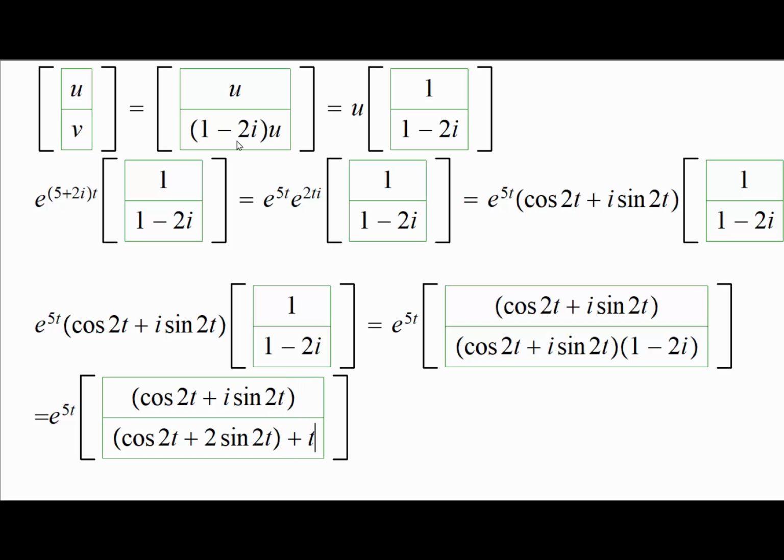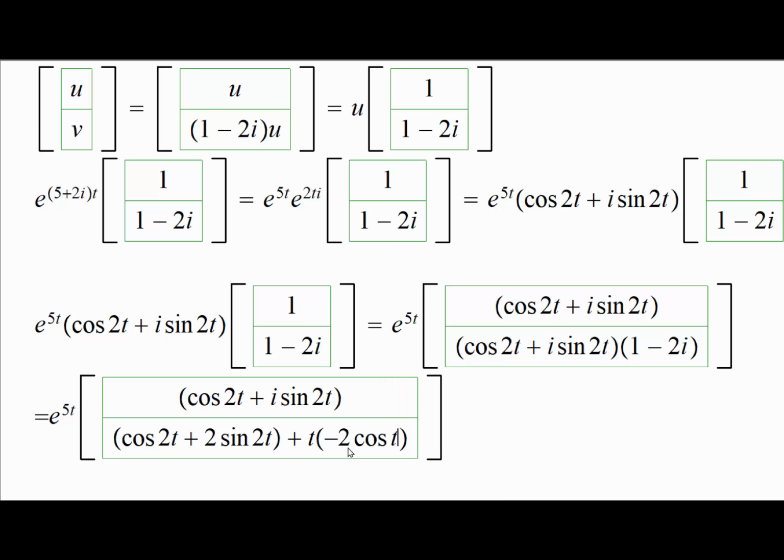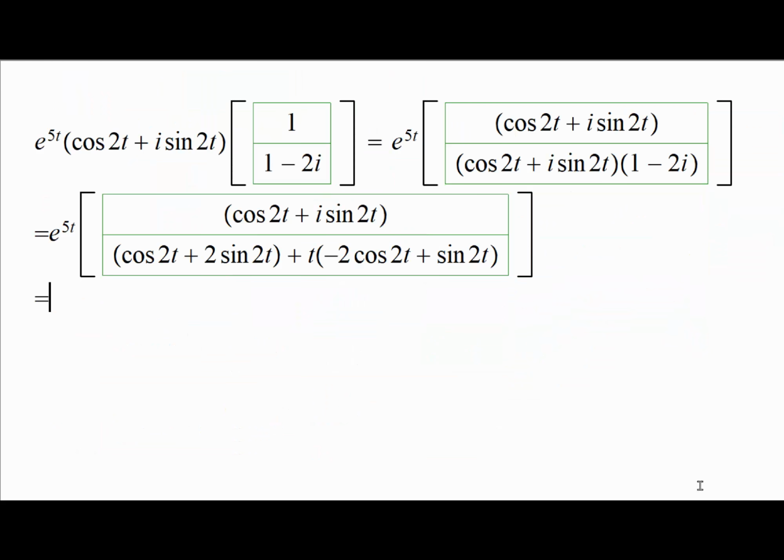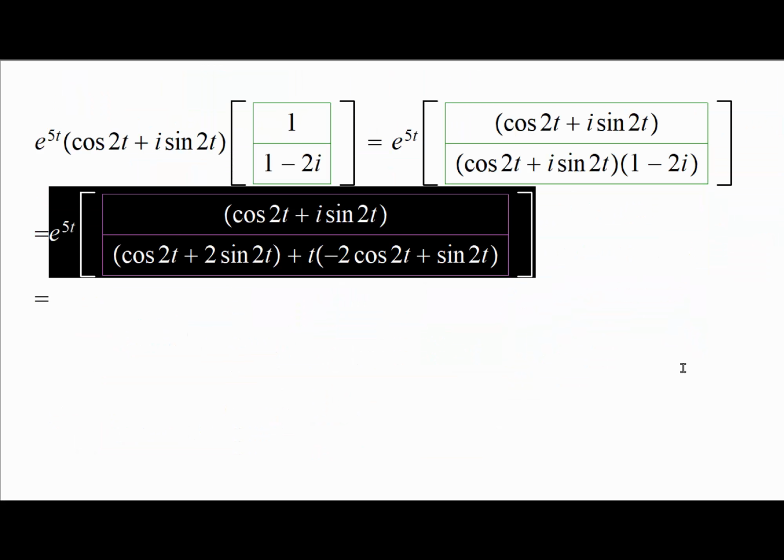Let's put this in parentheses, even though we don't have to. And then plus, we'll just write the coefficient of i here. First we will get negative 2 cosine 2t, and then we get i sine 2t, not t, 2t here. So negative 2 sine 2t plus i sine 2t, that's what we have.